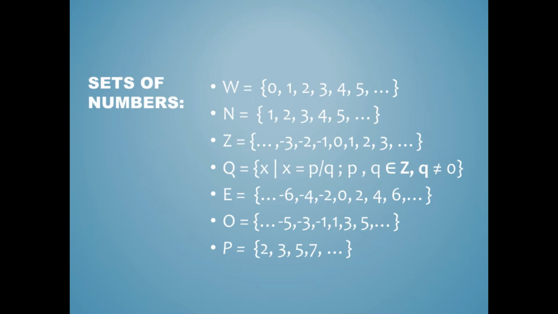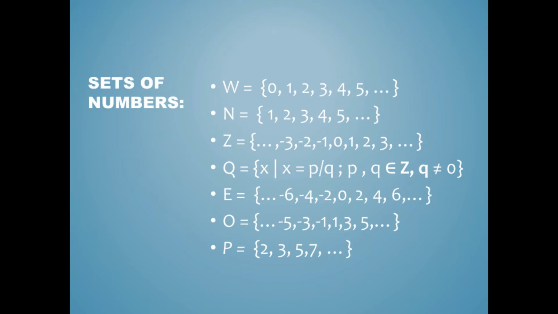Q represents rational numbers. We are writing rational numbers in set builder form here. What is set builder form? We will discuss it later, but you know about rational numbers. Rational numbers include whole numbers and integers. We can write all the whole numbers. We know that 0, 1, 2, 3, 4, and so on are all the whole numbers, but we cannot write all the fractional numbers.